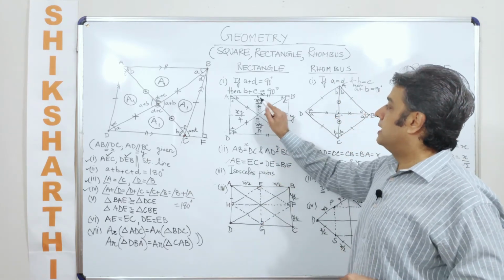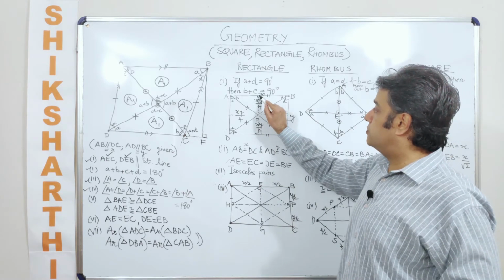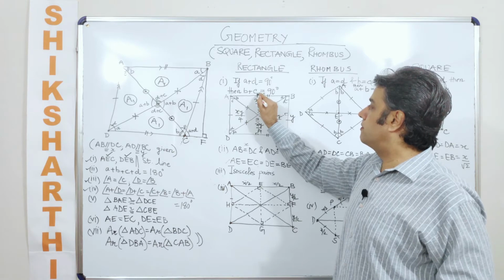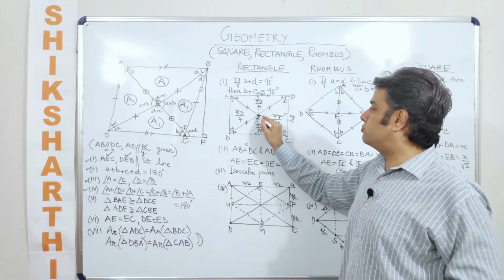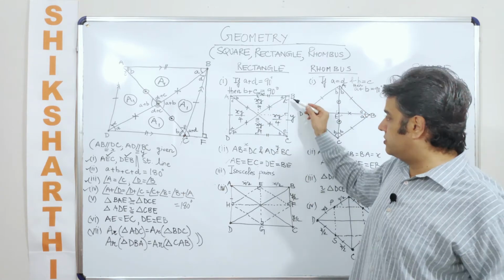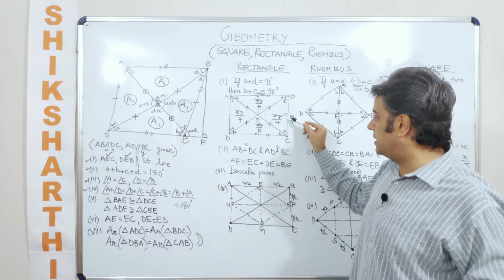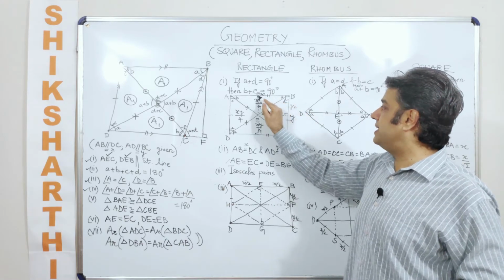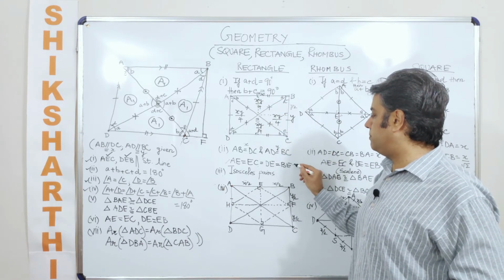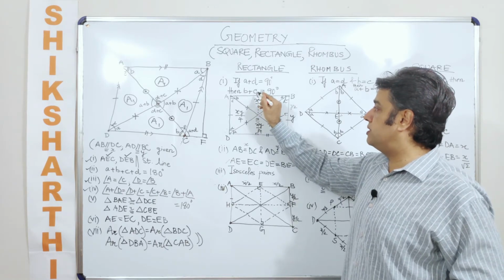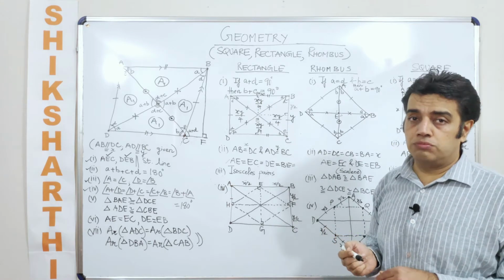So meaning thereby, the length of this, if I assume that this point is, let's say F, right? This is the point F, and this point is already E. So can I say EF is equal to X? This is Y by 2, this entire length is Y, and so this becomes Y by 2. And the same I can say for EB. So FB becomes how much? FB becomes X by 2.